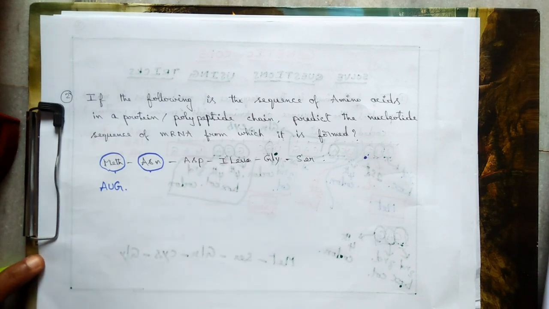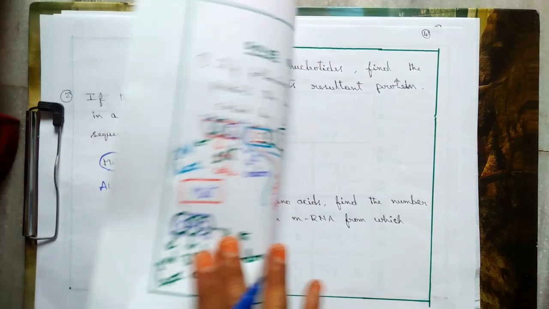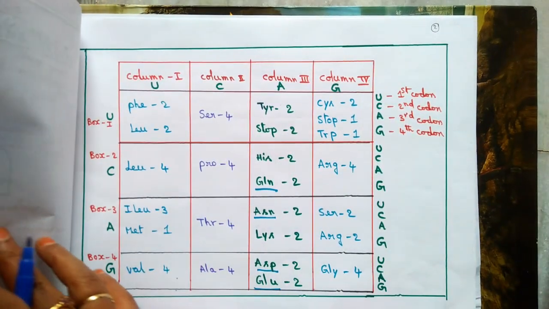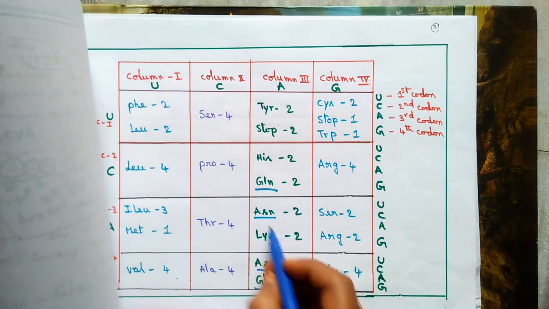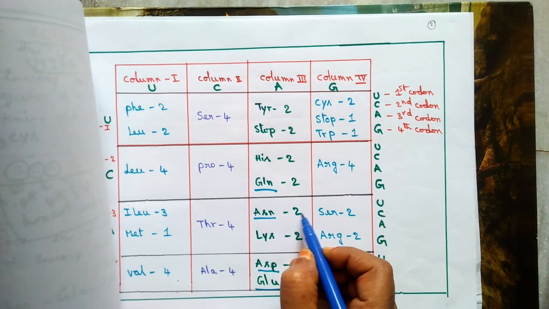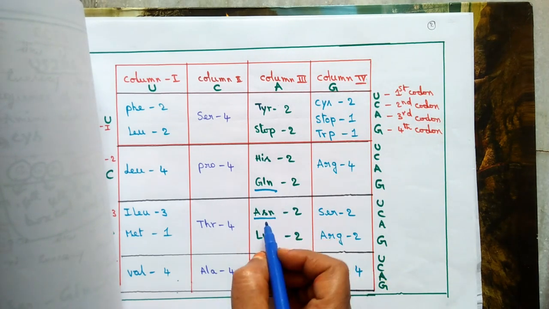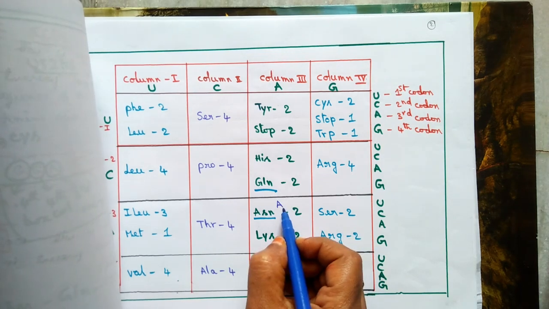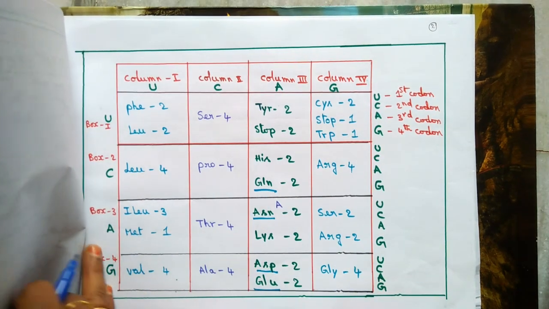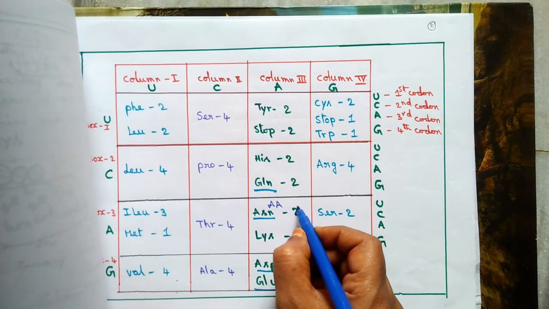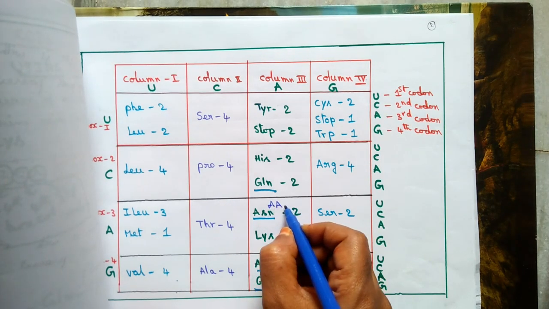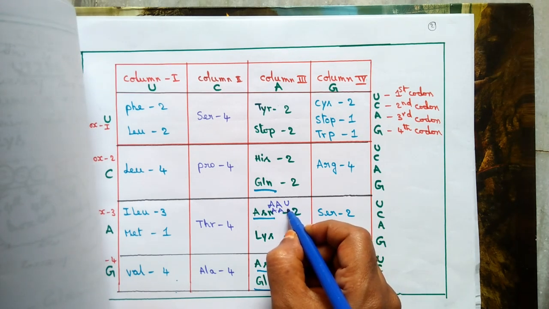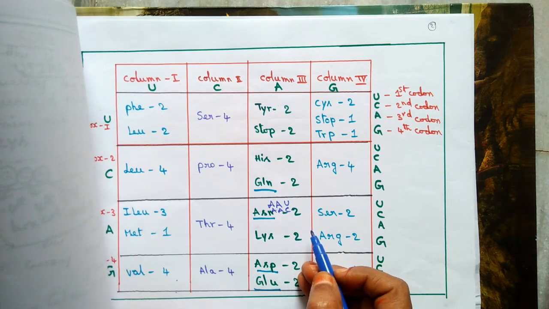Where is this asparagine present? In this case, we have to go to this column. Asparagine is present here, with 2 codons. In column 3, what will be the center base? A. And the first base will be A. The last base of the first 2 codons gives AAU and AAC.